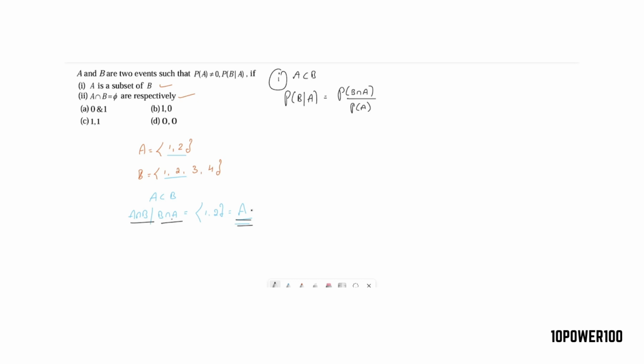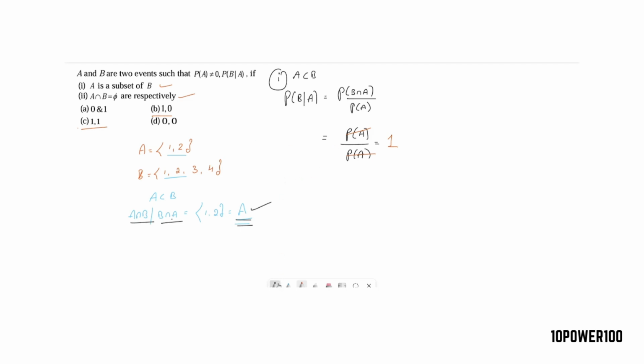B intersection A becomes set A itself. So probability of B intersection A becomes probability of A divided by probability of A. If you divide both of these, the answer becomes 1. So the first condition answer is 1. Here option B and option C have 1. So let us see what is the next answer.